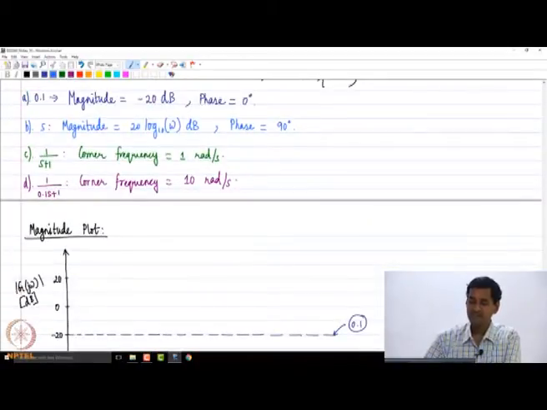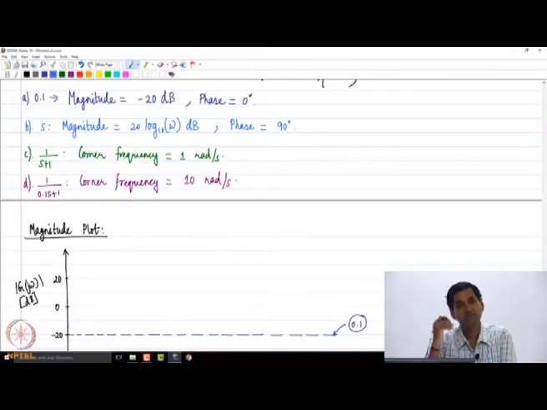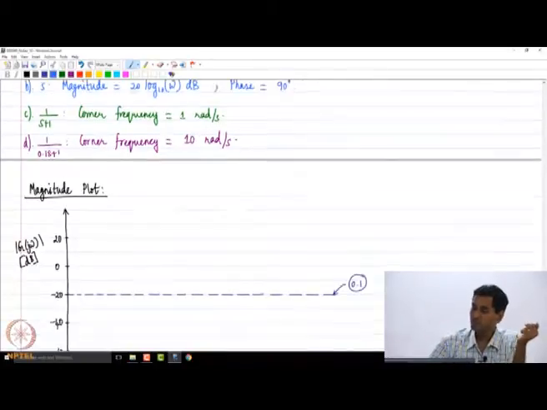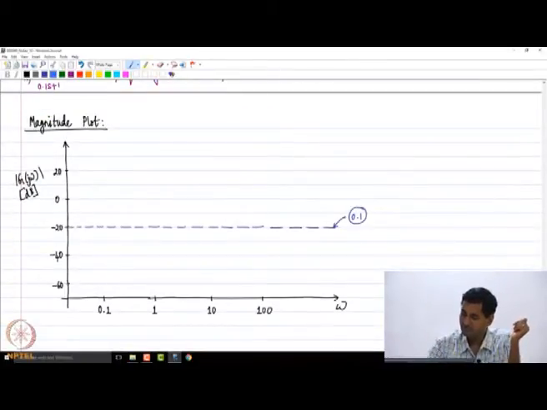The next factor is S. So that essentially has a magnitude plot of a straight line with a slope of plus 20 decibels per decade. If you recall what we had, for S the magnitude is 20 log to the base 10 omega. So at omega equals 1, what is the value of this particular magnitude?